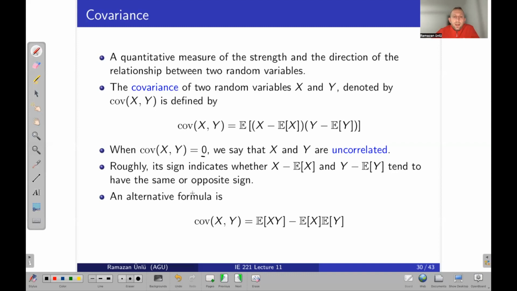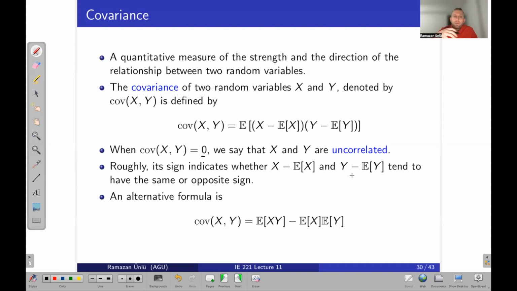Actually, the value of the covariance is not so important, but the sign of the covariance is important, because the sign shows whether x minus expected value of x and y minus expected value of y tend to have the same or the opposite sign.